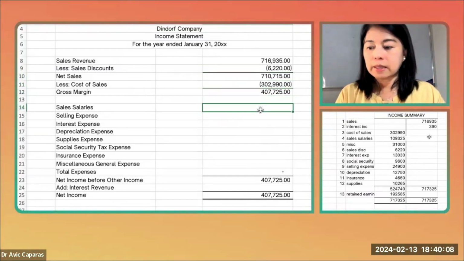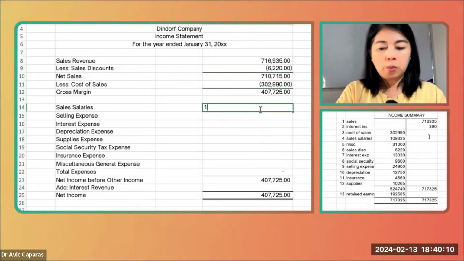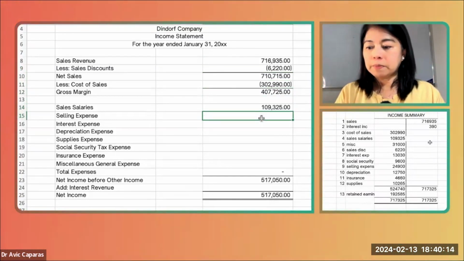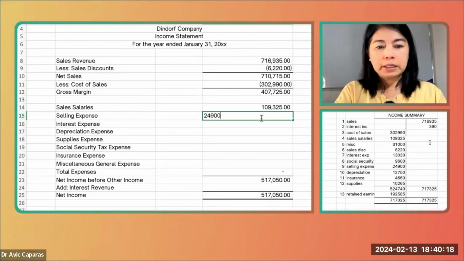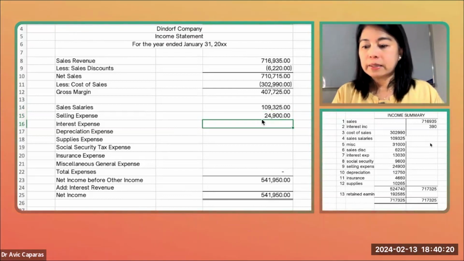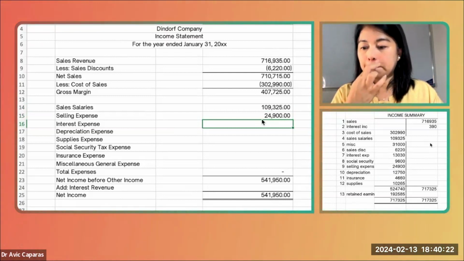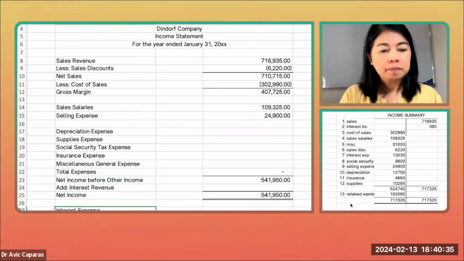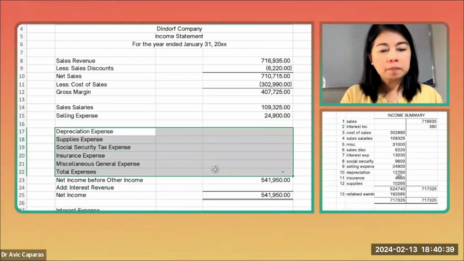And then sales salaries is 109,325. Selling expense is 24,900. Interest expense, we can actually put here. So we'll put this up.